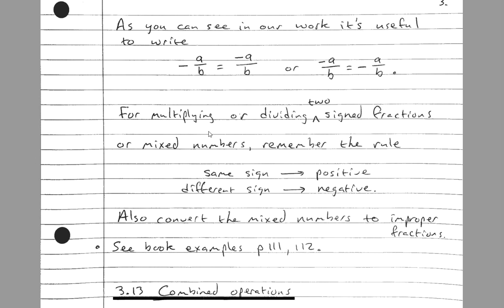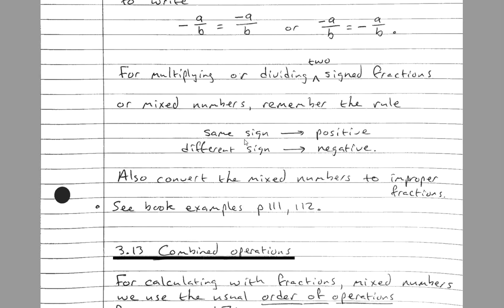All right, so at least multiplying or dividing two signed fractions or two signed mixed numbers, that is easier. You just need to remember the rule. If you're multiplying or dividing two numbers with the same sign, the answer is positive. Multiplying or dividing two numbers with different signs, the answer is negative.